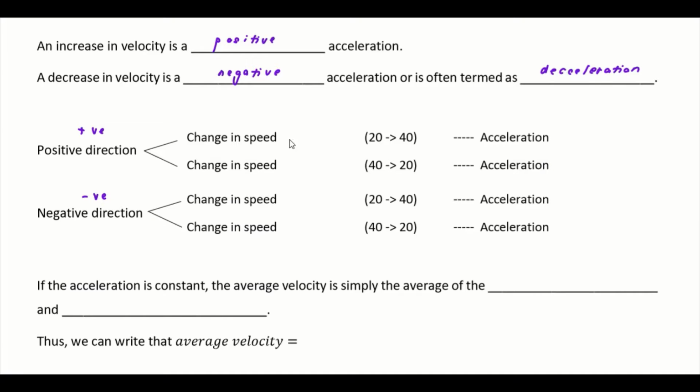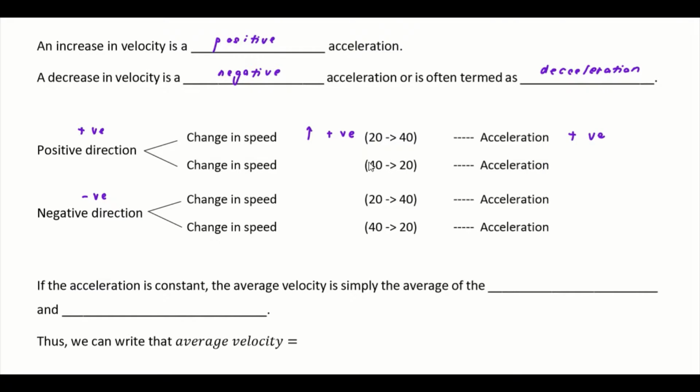So the change in speed is increasing. A simple idea is that when you use 40 minus 20, you get a positive answer. So the change in speed is positive, which means this object moves faster. In the first one we have no doubt the acceleration will be positive, because the object is moving in the positive direction and is moving faster and faster, so the change in velocity should be a positive number.